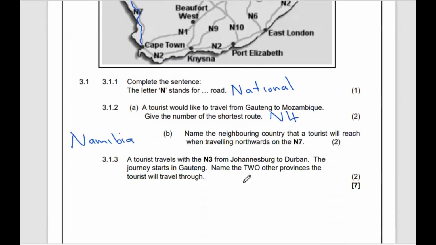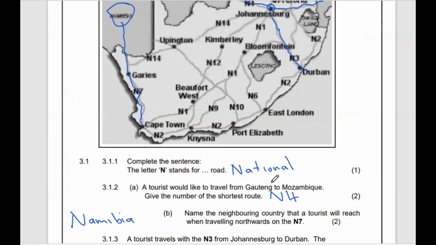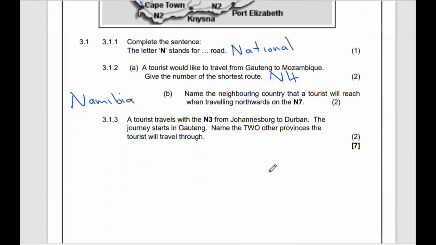A tourist travels with the N3 from Johannesburg to Durban. Name two other provinces the tourist will travel through. So basically it's the Free State and KwaZulu-Natal itself.